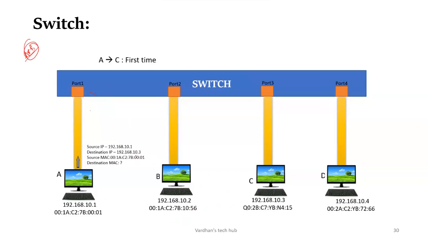For the first time, if traffic is communicating from A to C, A is sending information to the switch port. If you observe here, it's a kind of small animation.